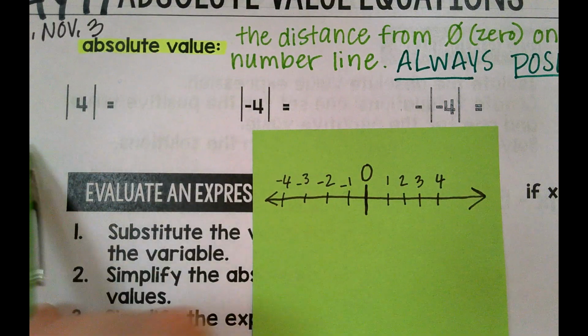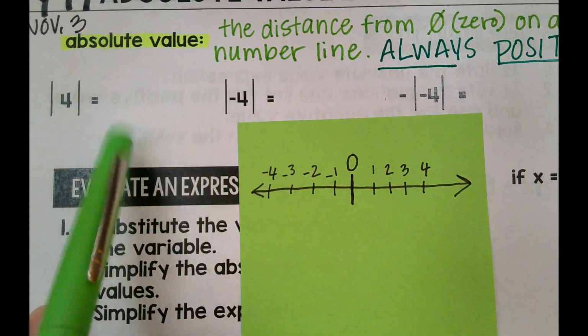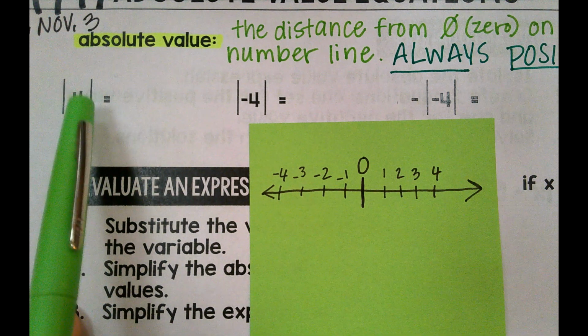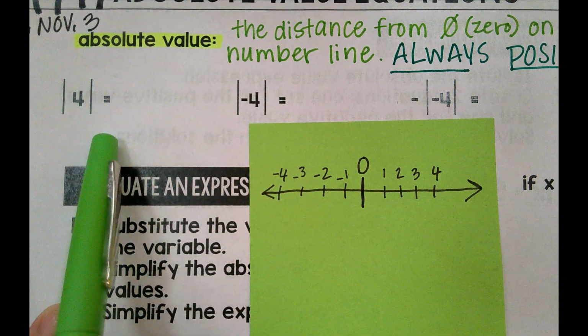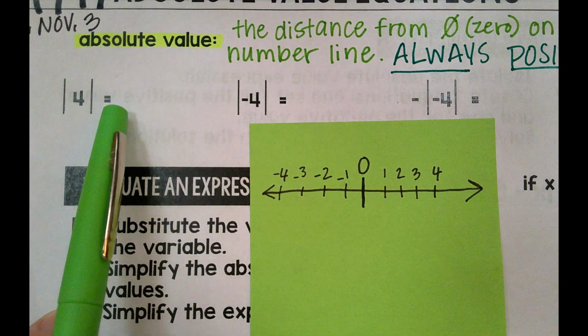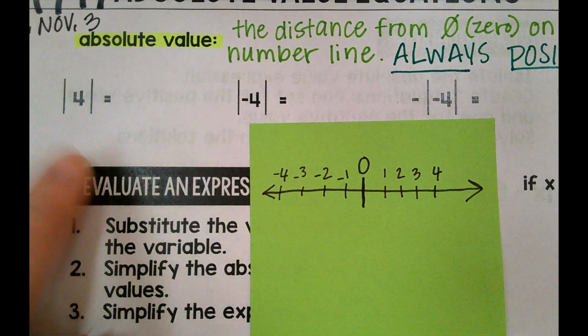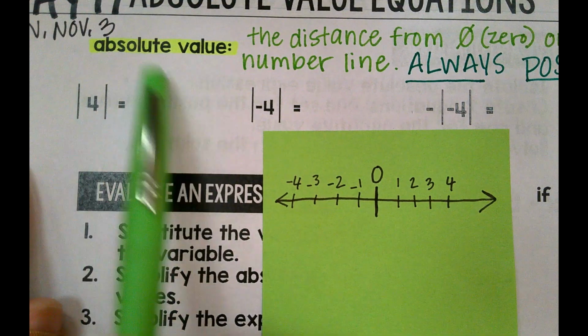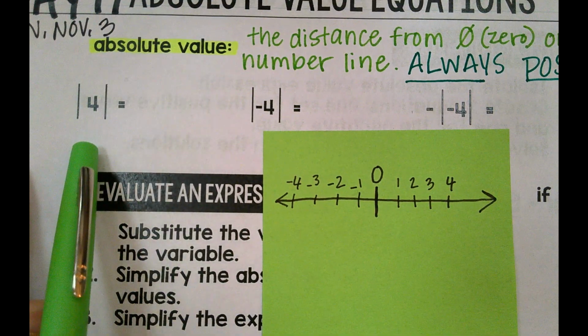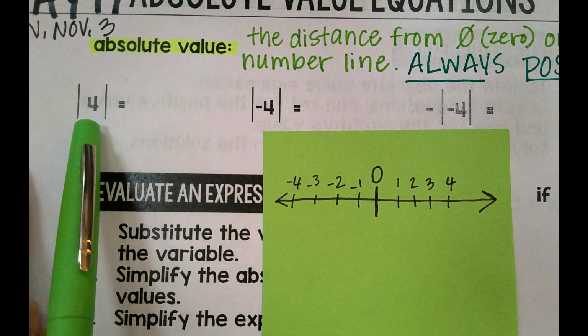I love it. Okay, so right below this definition, we have 4 and then 2 straight lines up and down. These bars mean absolute value. So the way I would say this problem is, what is the absolute value of 4?